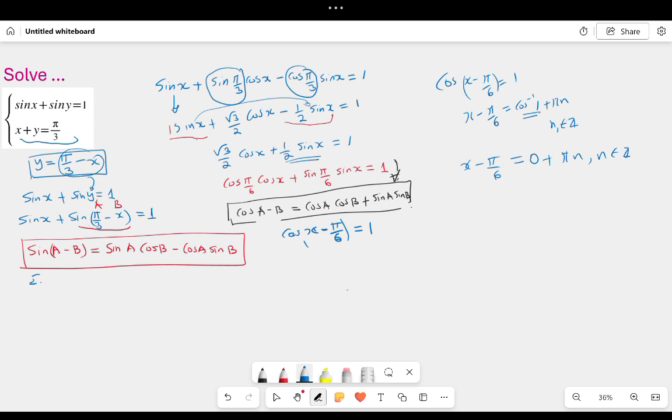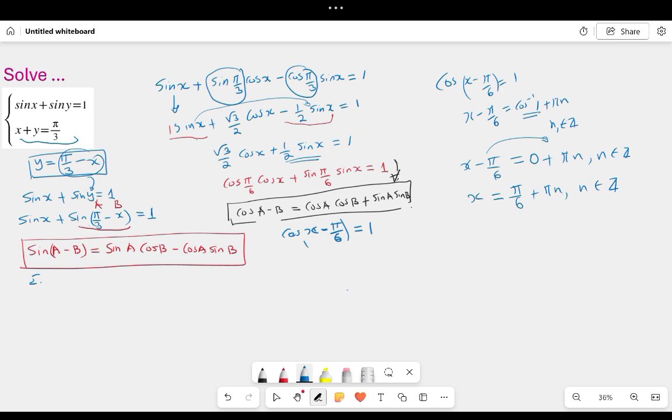Now, in this case, trying to reorganize so that you have x alone before the equal sign, you are going to have x is equal to, moving negative pi over 6 to this side, it becomes plus pi over 6. So pi over 6, then plus pi n, whereby n is a member of all the integers.